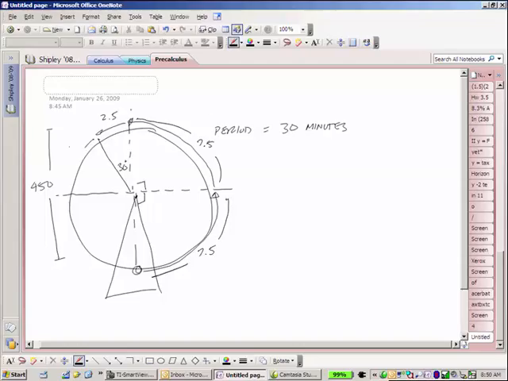So if you had to divide up your 7.5 into thirds, wouldn't you get 2.5, 2.5, 2.5? Is that okay now? You probably could have set up a ratio to figure that out. Like 90 degrees is to 7.5 minutes as 30 degrees is to what?